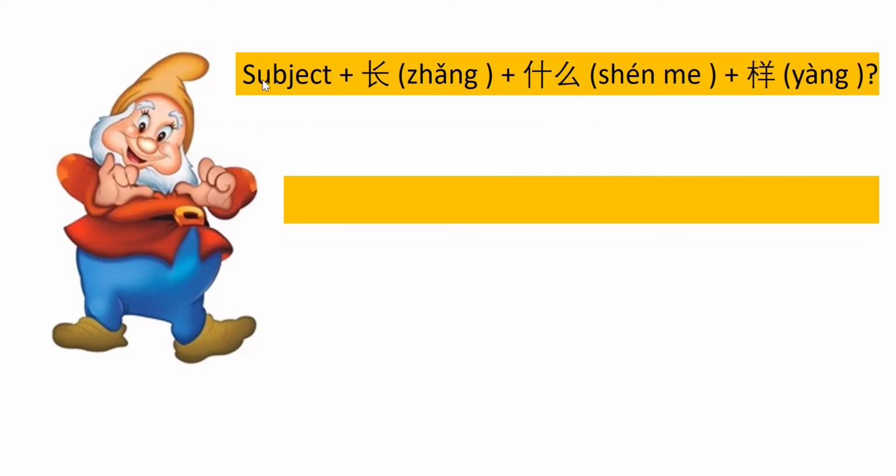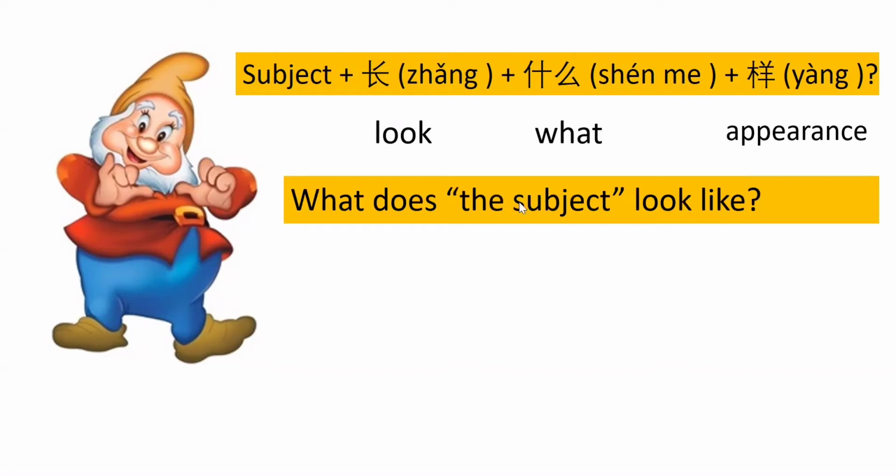Subject is something you want to talk about. 长 means look, 什么 is a question word meaning what, and 样 means appearance. Translated word by word, it is subject, look, what appearance. And in English translation it is: what does the subject look like? So you are going to describe what the subject looks like.